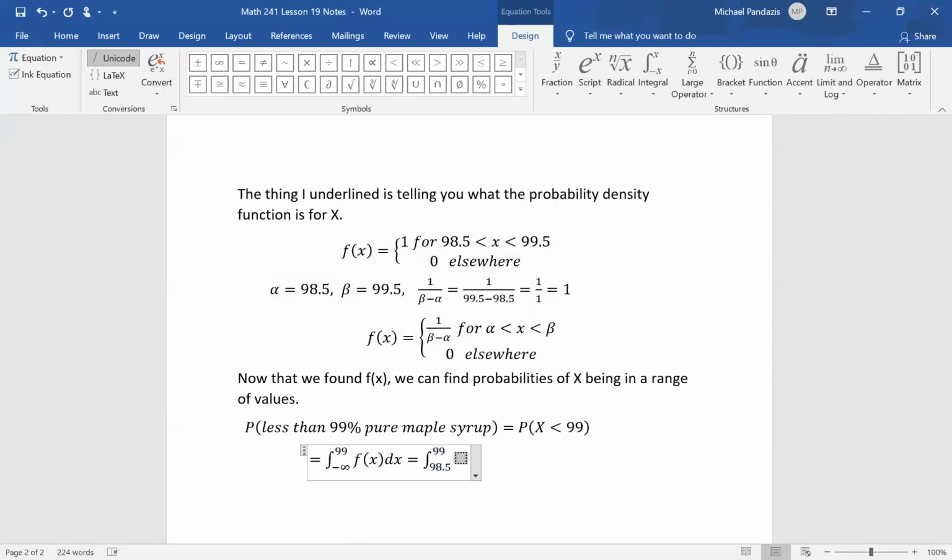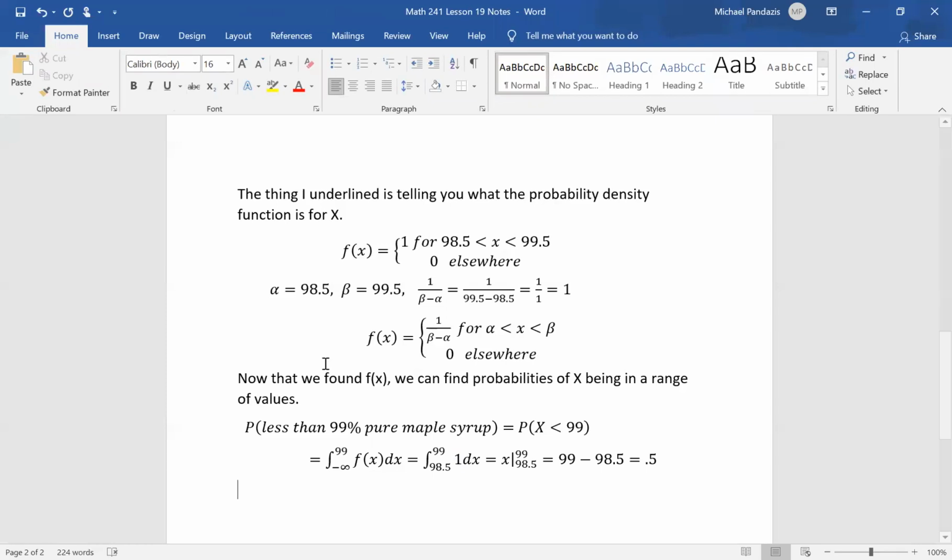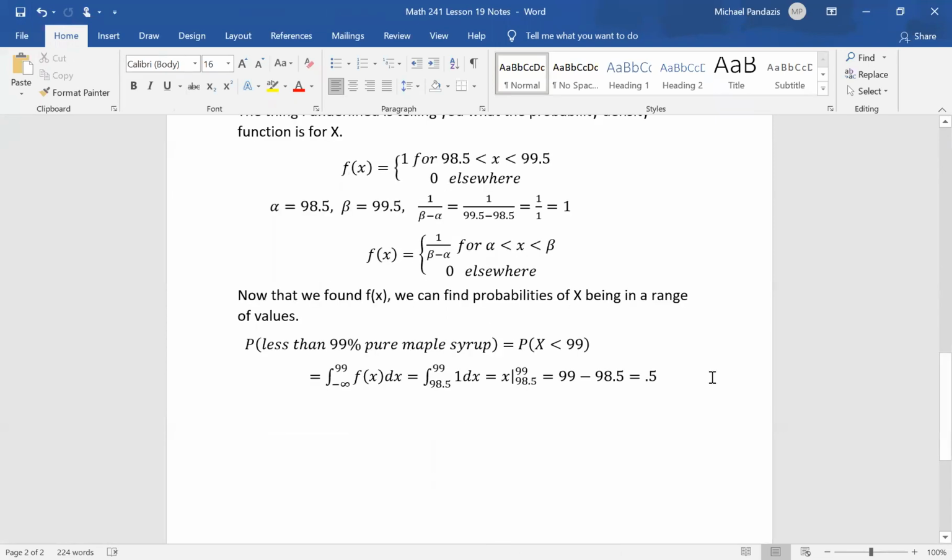And the function there is defined to be 1. And so we just have this integral, x evaluated from 98.5 to 99. So that's just 99 minus 98.5, which is equal to 0.5. All right, and so the probability of less than 99% pure maple syrup is 0.5.